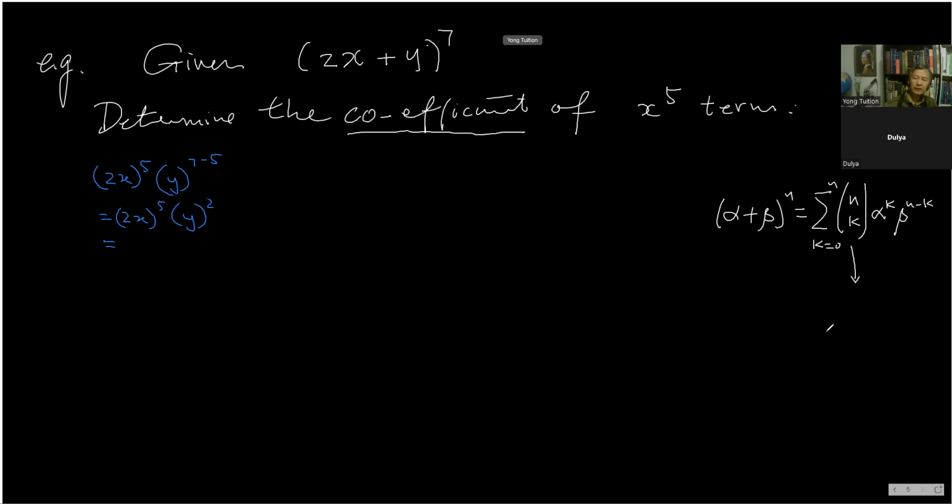We need to find the coefficient of this term. That's right. The sum of 5 and 2 is 7. Nearly, you almost get there.